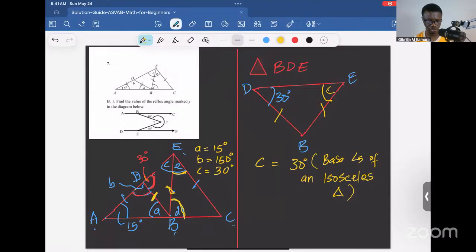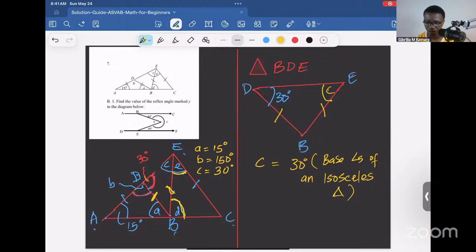Okay, so let's continue. Yeah, so we've gotten C, we've gotten A, we've gotten B. Next, let's find D. And once we get D, we can easily get E. Now, how do we get D?